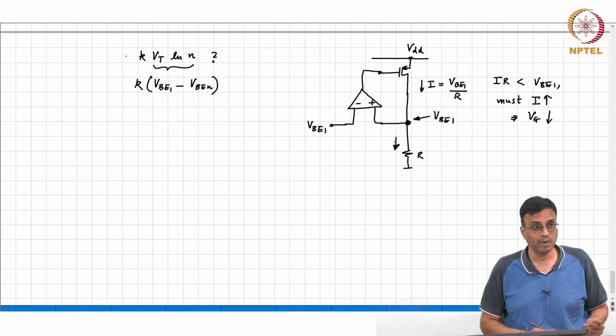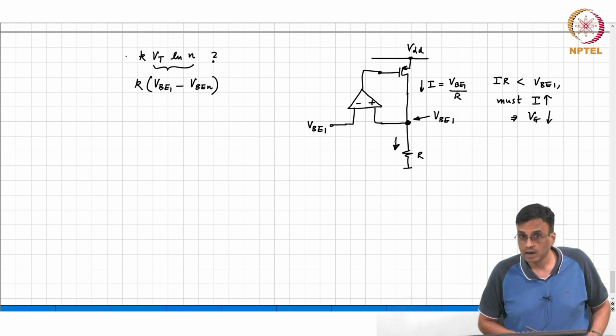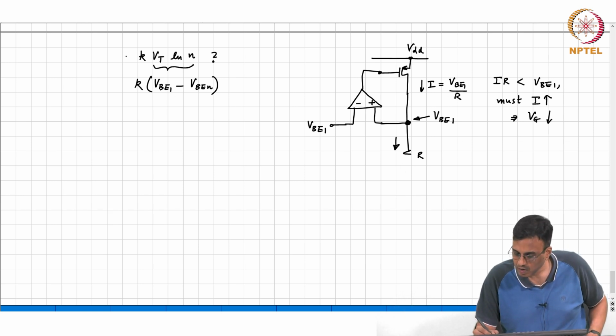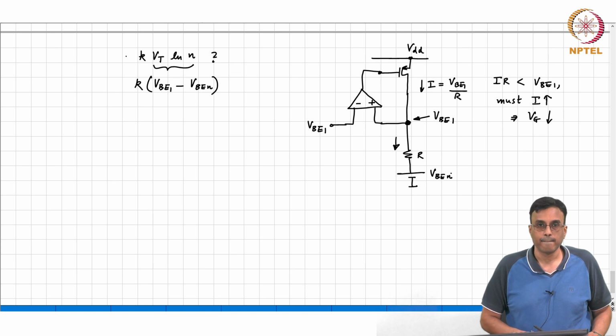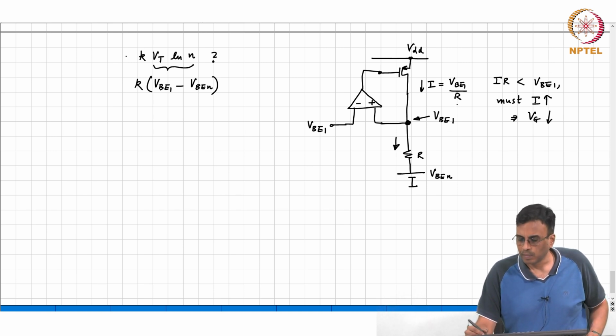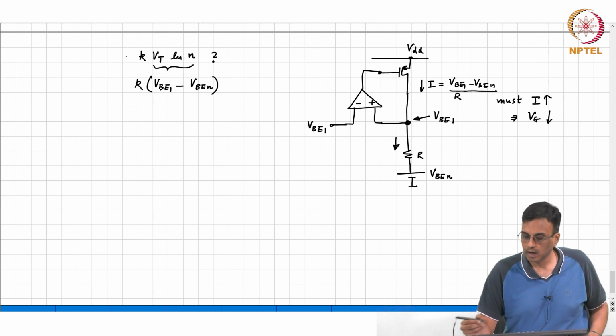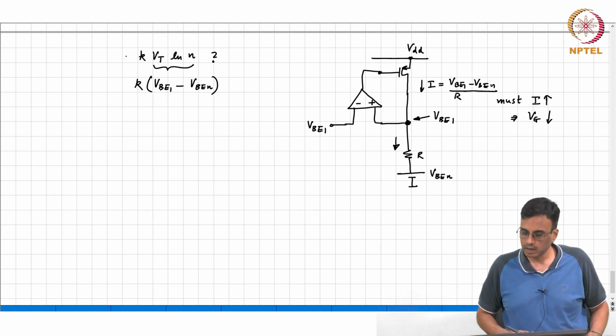If I want Vbe1 minus Vben by R, what do I do? Okay. So if you had a battery of value Vben, right, the current that will flow is Vbe1 minus Vben by R. Okay.